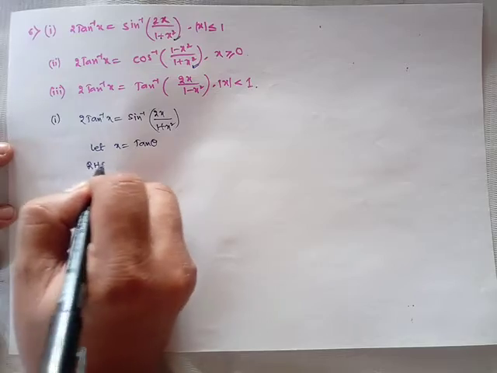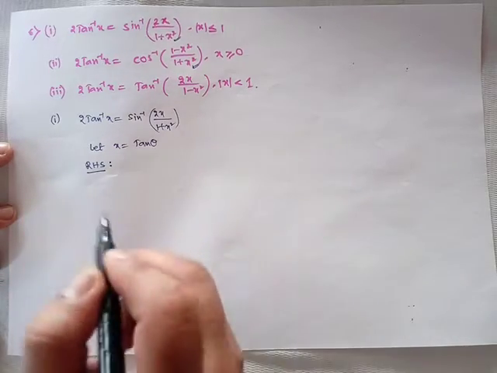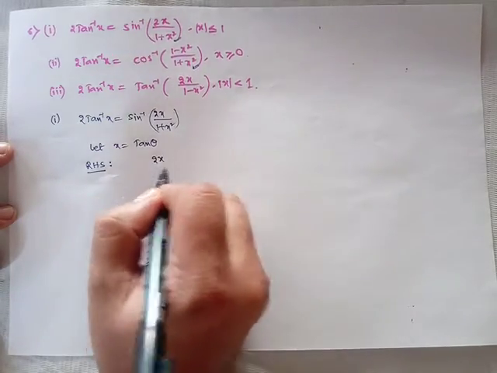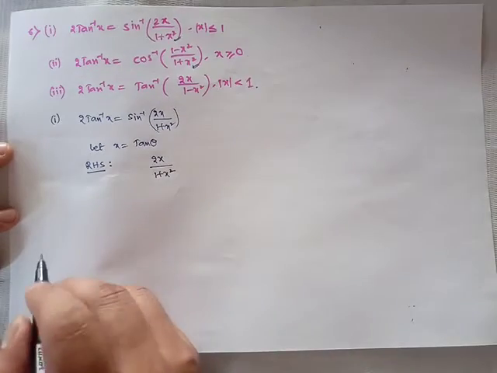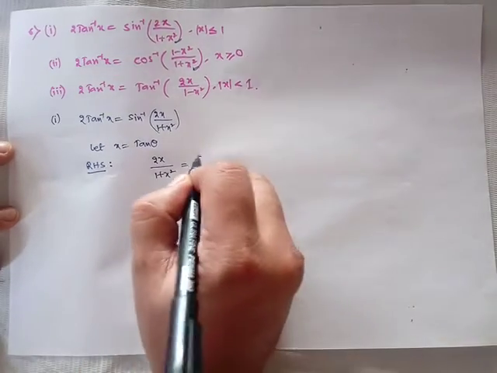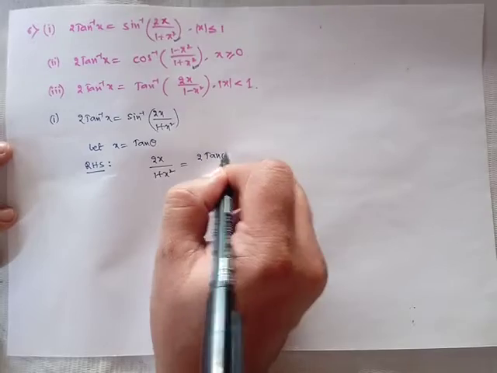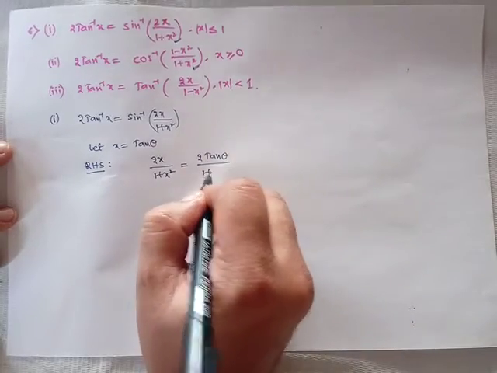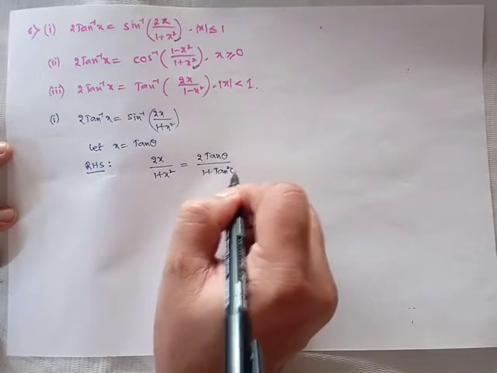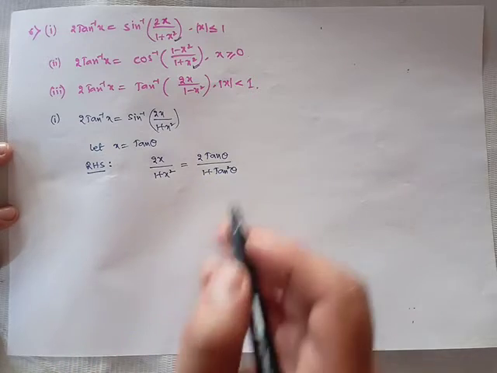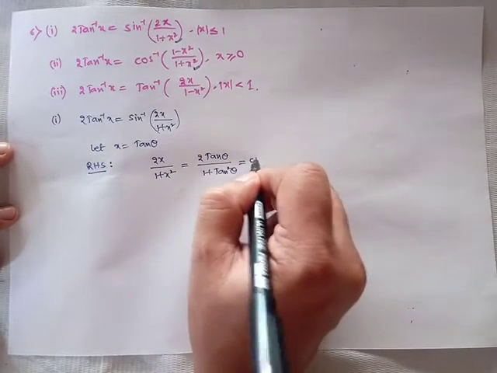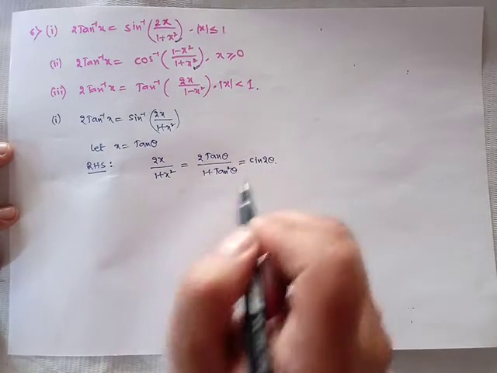In the RHS part, considering only 2x by 1 plus x square, it will be 2 tan theta by 1 plus tan square theta. Can we write it as sin 2 theta?